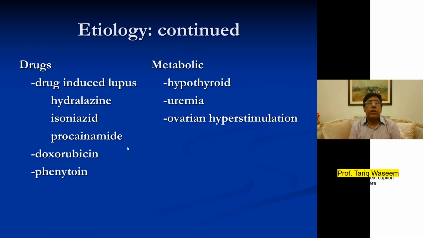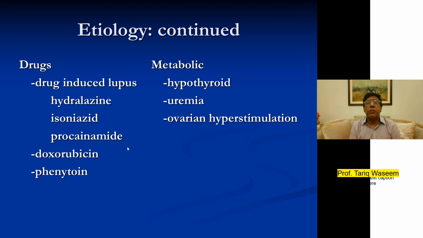We usually remember some drugs which may be responsible for SLE-like syndrome and formation of fluid: hydralazine, an antihypertensive; INH or isoniazid, an anti-tuberculous drug; procainamide, which is an antiarrhythmic; doxorubicin, which is an anti-neoplastic agent; and similarly phenytoin, which is one of the anticonvulsants.